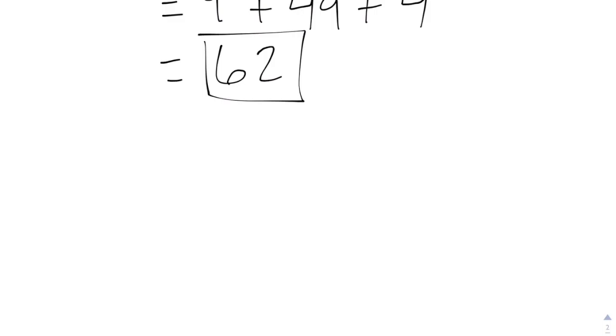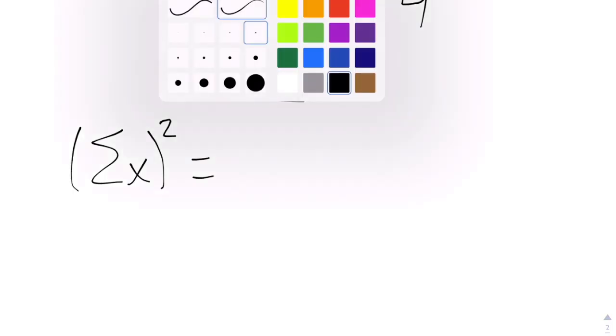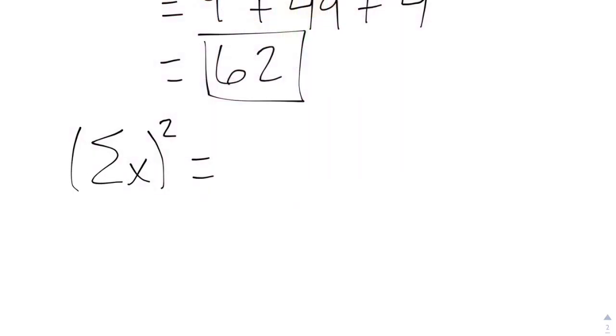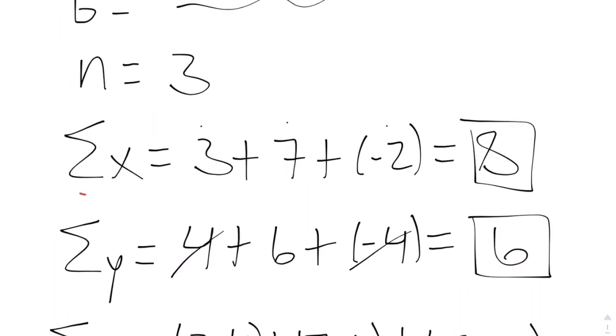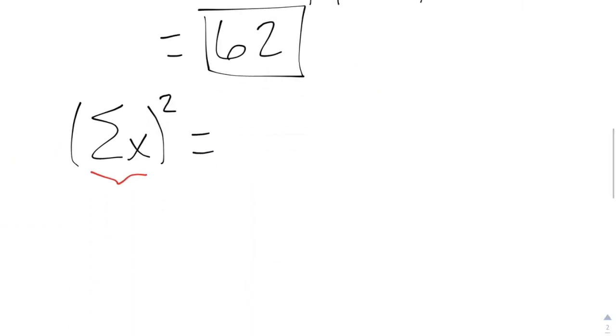And this one says the summation of x, quantity squared. So this one's a little tricky. We know what this number is, right? What was summation of x? Here it is. Summation of x was 8. So they want to take that number and square it.